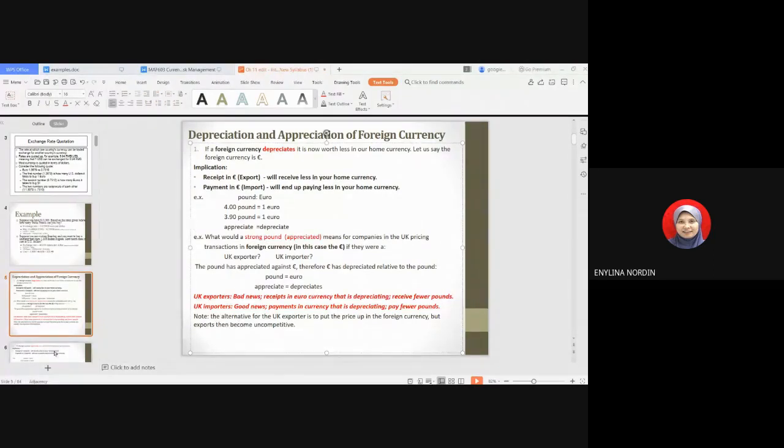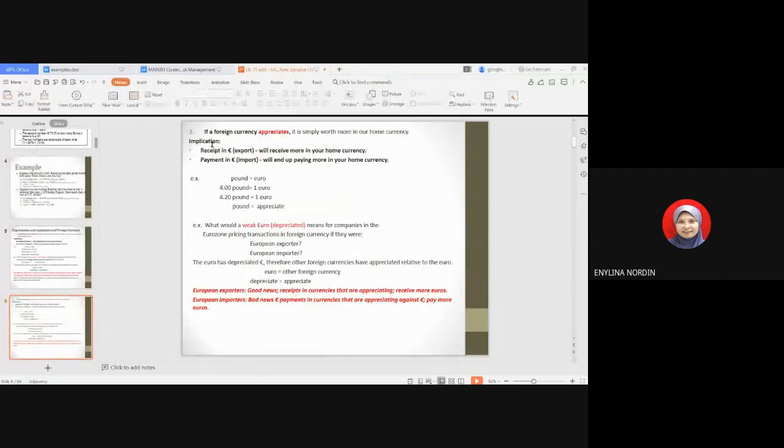Okay, the next one is what happens if the foreign currency appreciates. That means the foreign currency appreciates, so automatically the home currency is depreciating. Right, what happens then if the home currency depreciates, like our country, Malaysia, the ringgit Malaysia is depreciating against the US dollar, right?